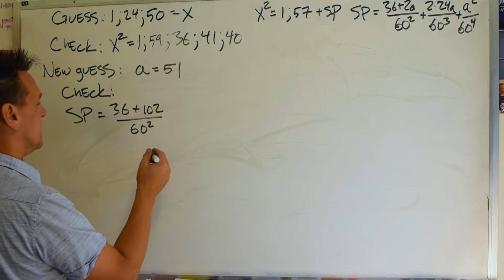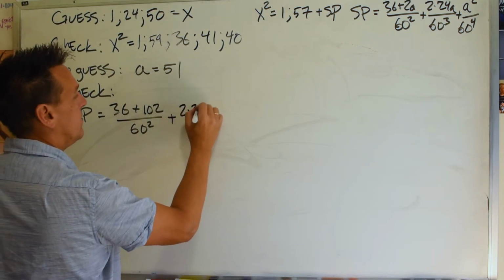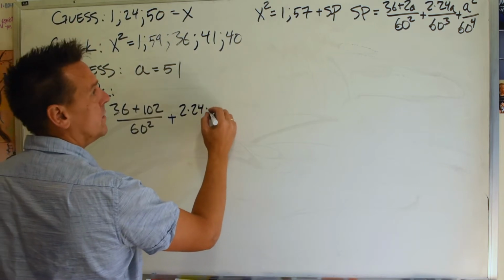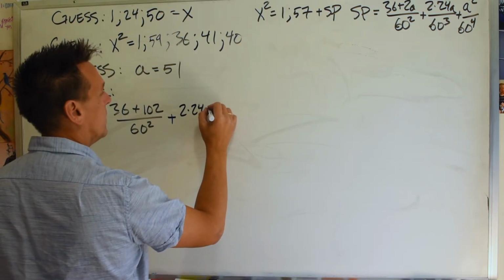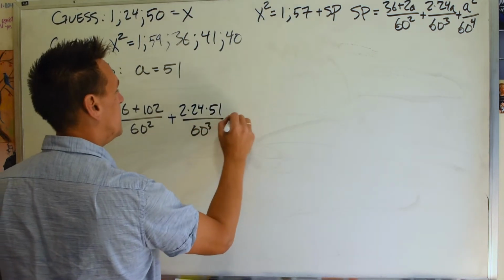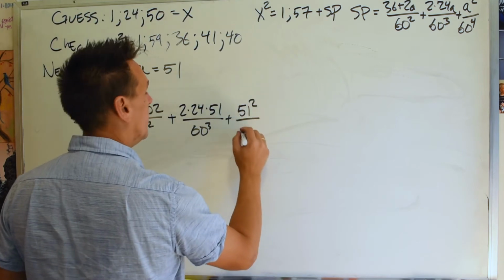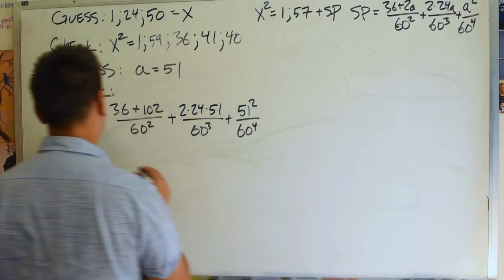All right, 36 plus 102, and then 2 times 24 times 51 over 60 cubed, 51 squared over 60 to the 4th.